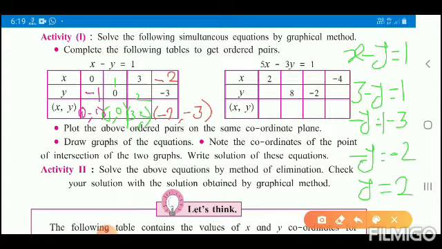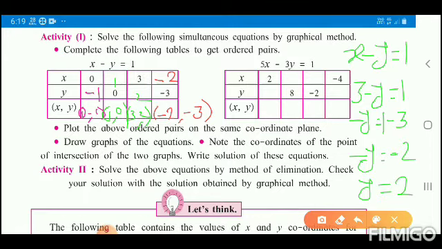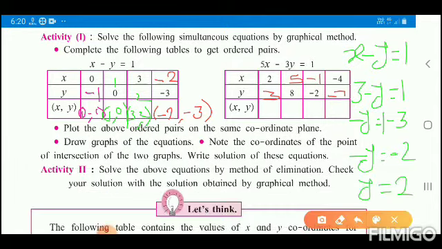In the same way, if you solve the equation 5x minus 3y is equal to 1, you will get the values: y is 3, then x is 5; then negative 1 and here negative 7. So write down these values in the boxes.